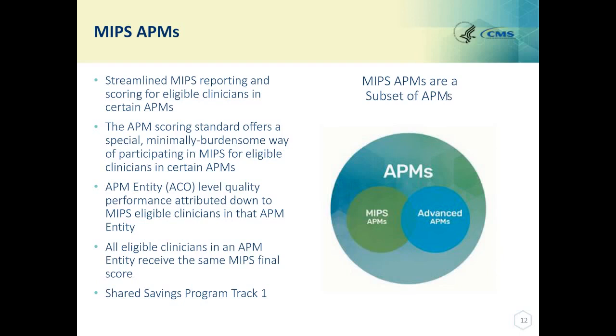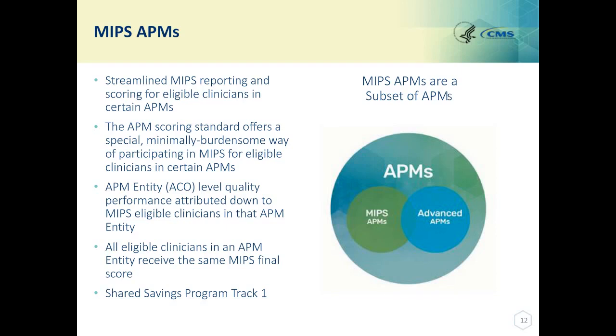The APM entity, also known as the ACO, or the APM entity level, offers a quality performance attribute delivered down to the MIPS eligible clinicians in that APM entity. So what we're talking about here is all eligible clinicians in an APM entity receive the same MIPS final score. One example of that is the Shared Savings Program Track 1, which is a MIPS APM.